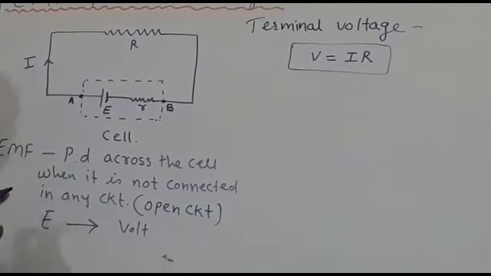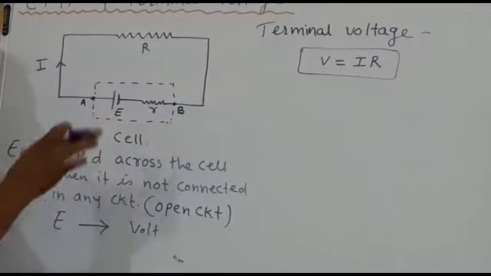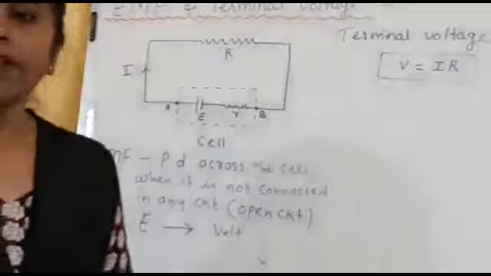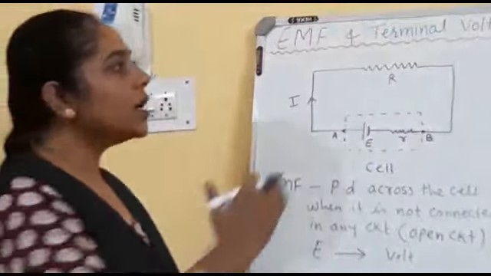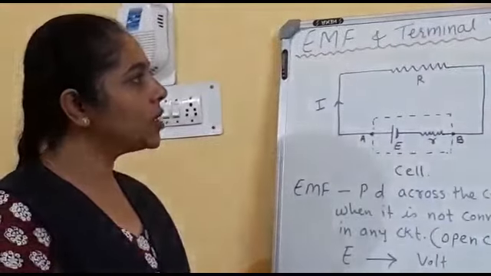It means the potential difference developed across the cell when the cell is connected in the external circuit, that potential is known as terminal voltage. So write the definition of terminal voltage.